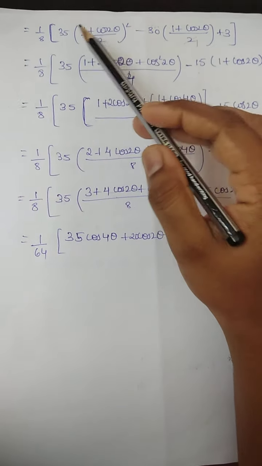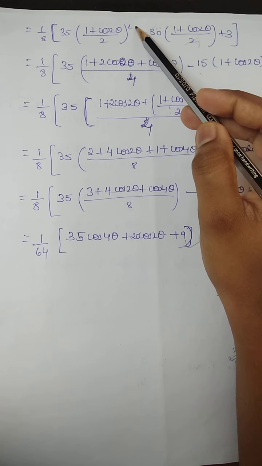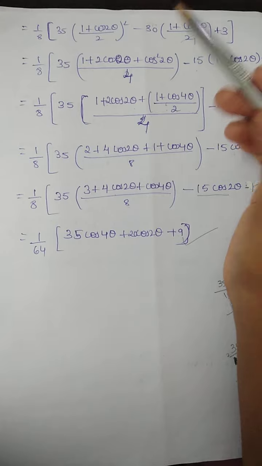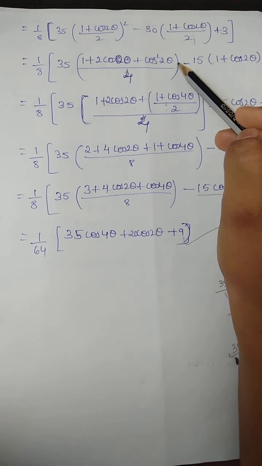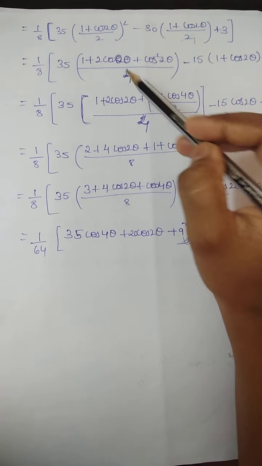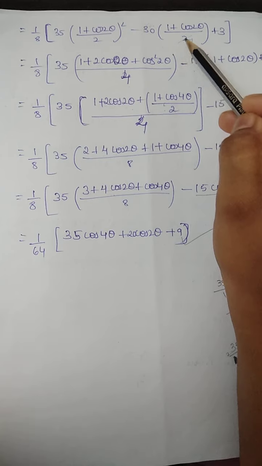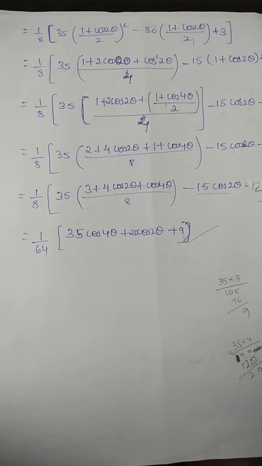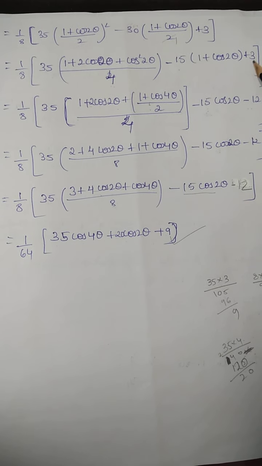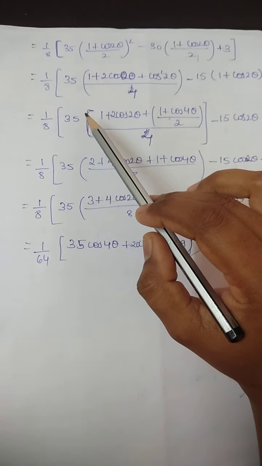Now further simplify, 35 as it is. For (1 plus cos 2 theta) whole square, the formula (a plus b) whole square you can apply here: 1 plus 2 cos 2 theta plus cos square 2 theta, upon 2 square which is 4, minus 30. So you can divide: 2 ones are 2, 15s are 1 plus cos 2 theta, plus 3. Now 1 by 8, 35 as it is.